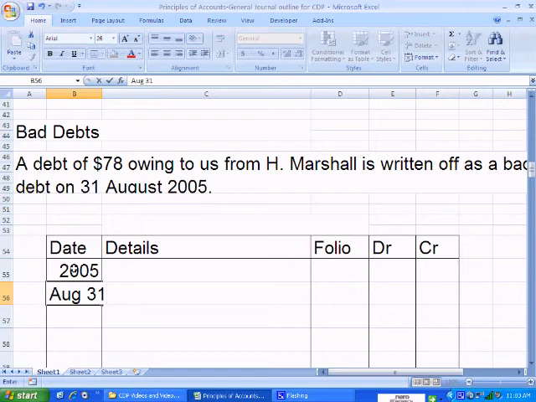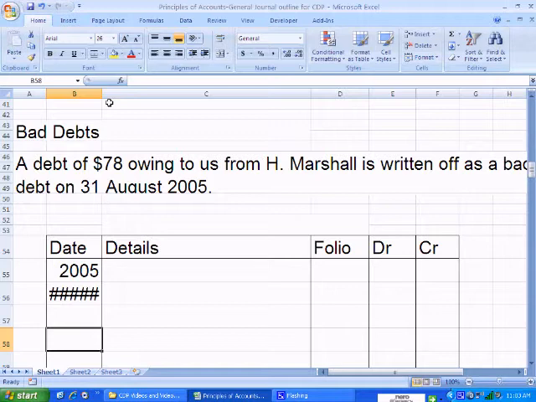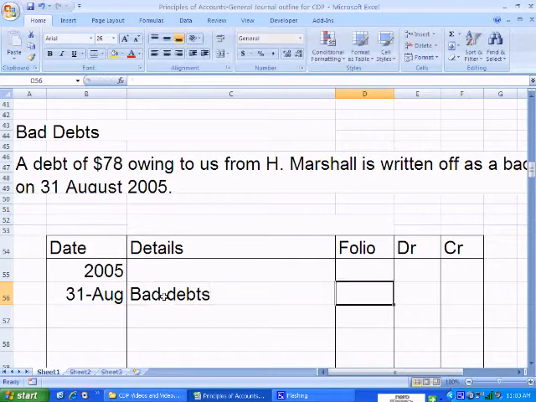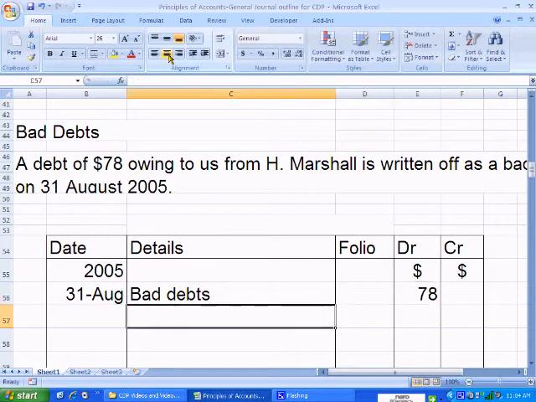So, friends, on the 31st the first one is bad debts. The one that should be debited goes first at all times, as you saw already in this video. So the bad debts figure would be 78, and then on the bottom there we write H. Marshall, 78 again, friends.